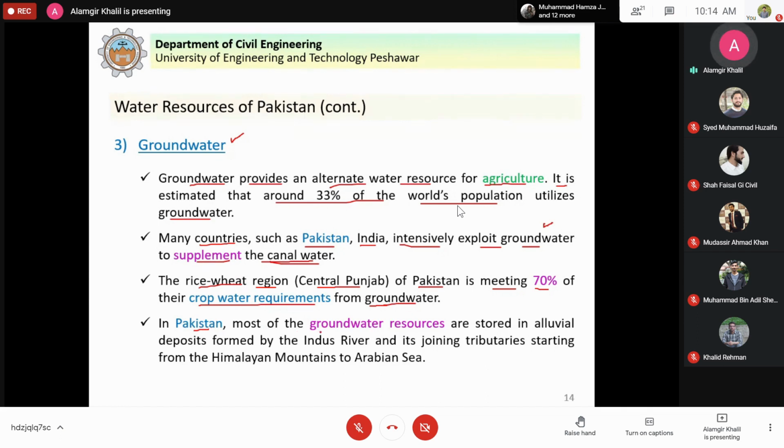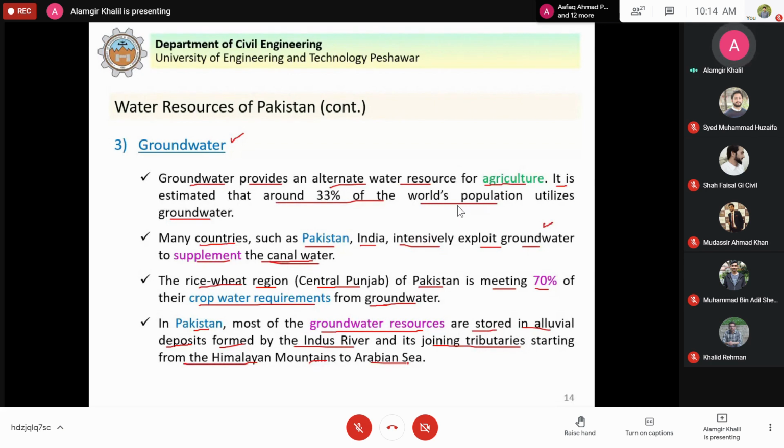In Pakistan, most of the groundwater resources are stored in alluvial deposits formed by the Indus River and its joining tributaries, starting from the Himalaya mountains to the Arabian Sea. So we have these groundwater resources because we have had these glaciers since a long period of time.